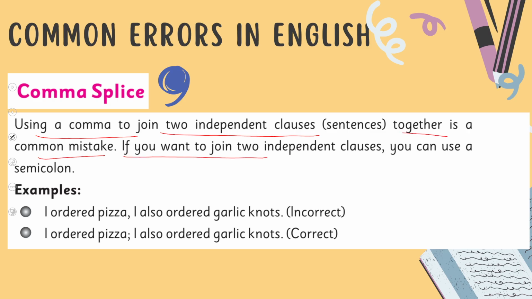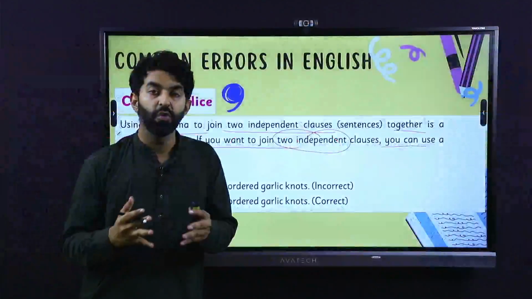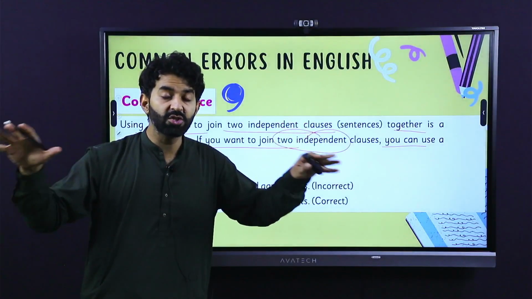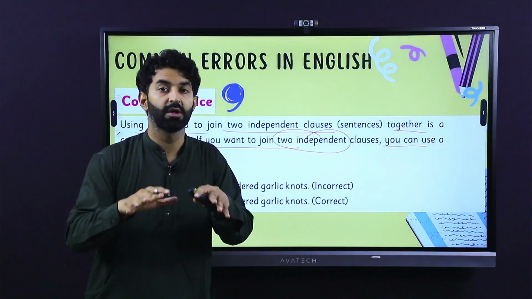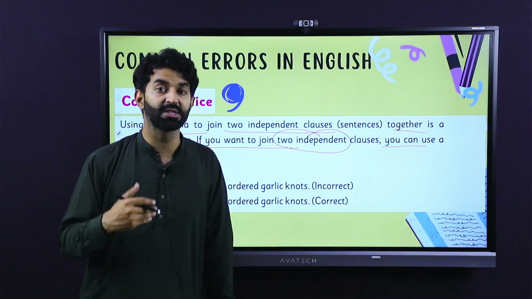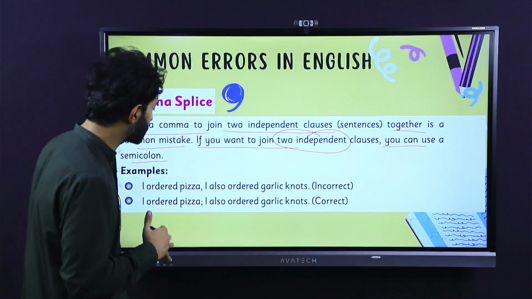If you want to join two independent clauses, you can use a semicolon. Usually, we use the comma to separate two different independent clauses. But this is a mistake. You can rather use a semicolon for that very purpose.